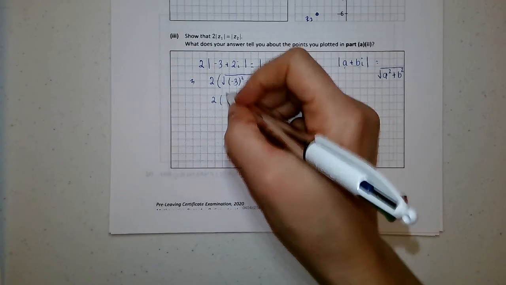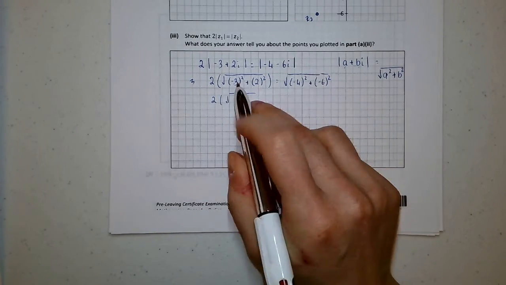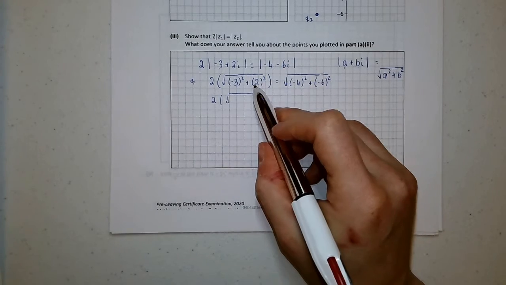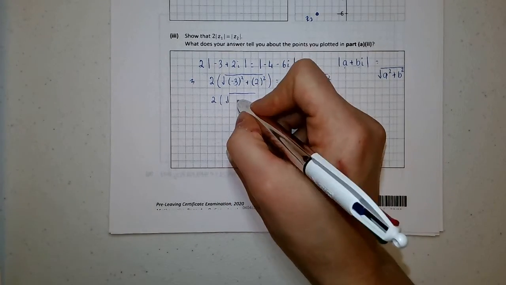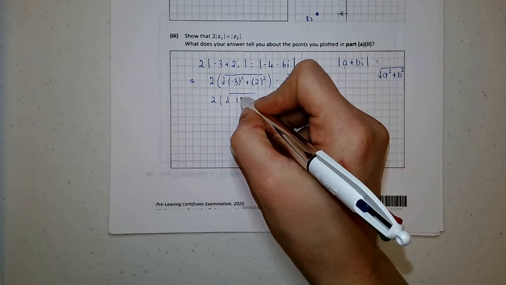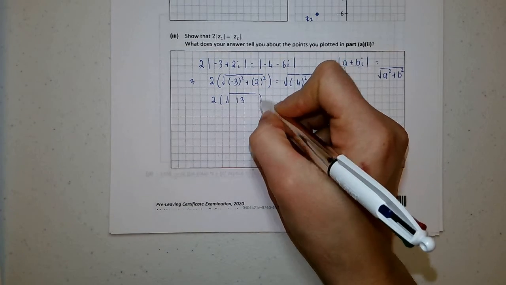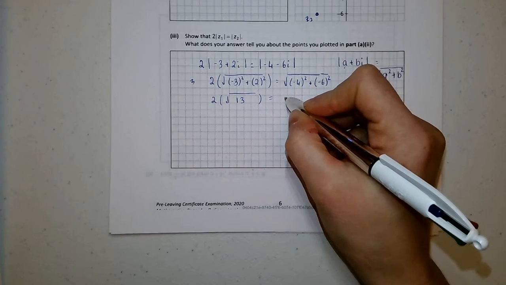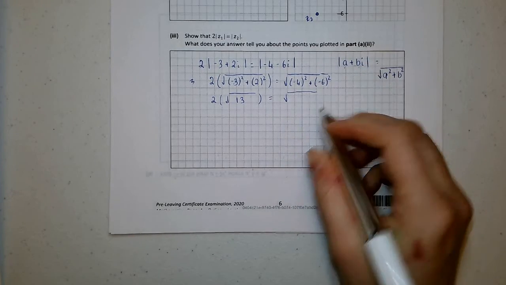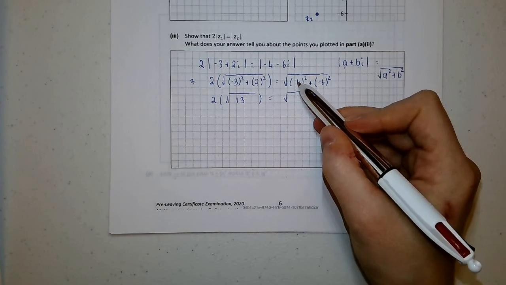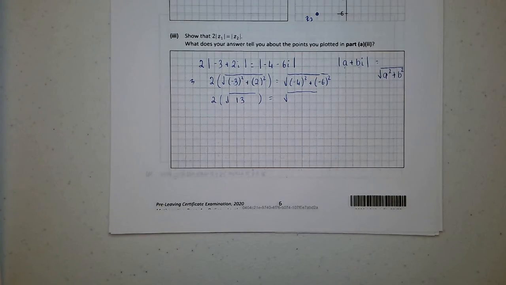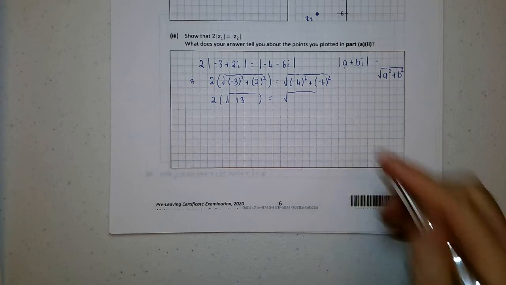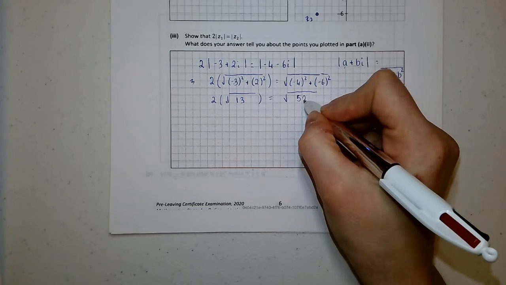We have the square root of minus 3 squared is 9, and 2 squared is 4, so it's 2 times root 13. Here we have the square root of 16 plus 36, which is the square root of 52.